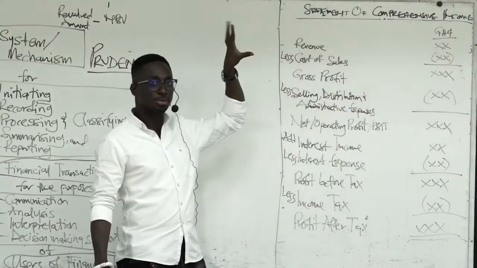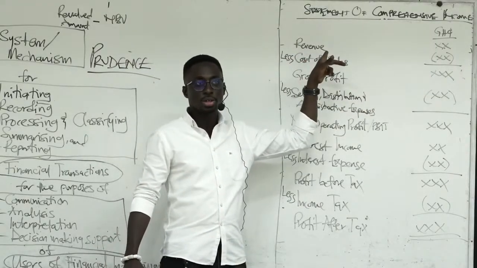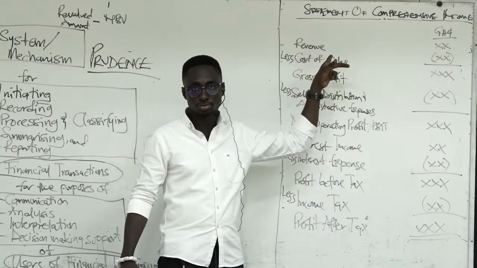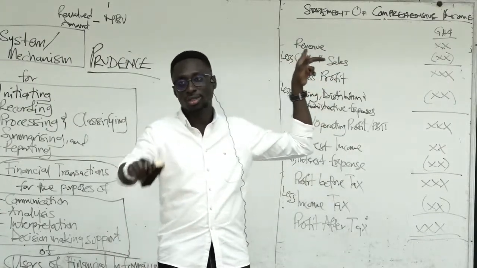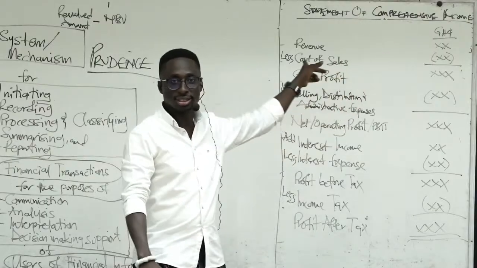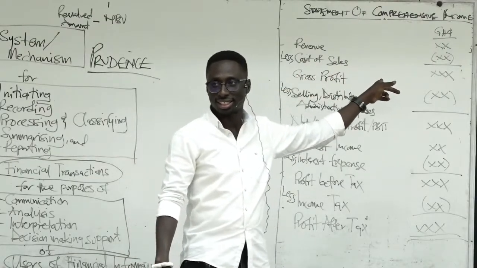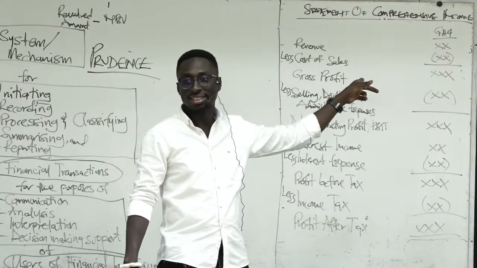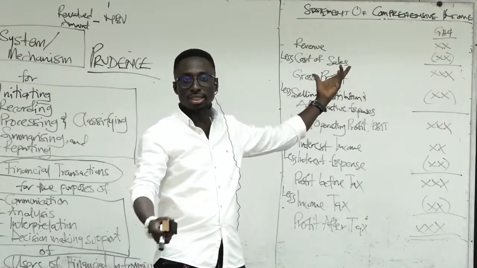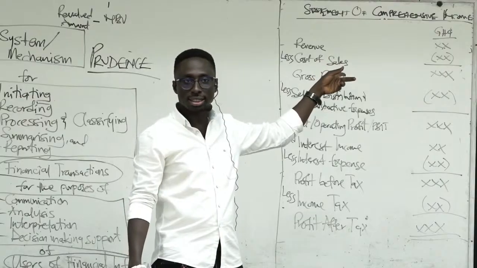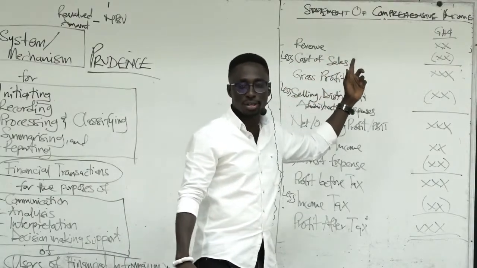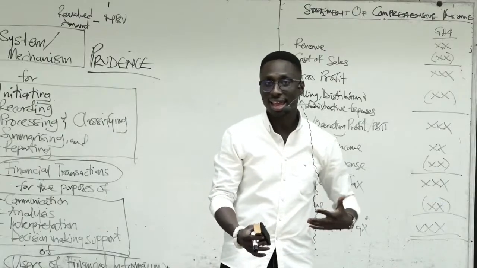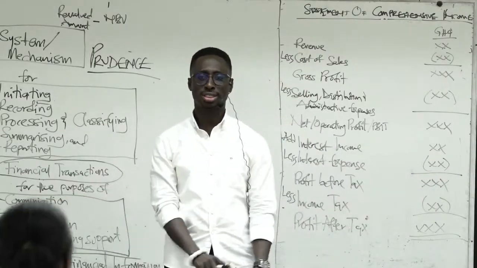So it is possible that in this case, we may even have something to adjust the revenue. Somebody tell me, what transaction can make an adjustment to the revenue? Return inwards.